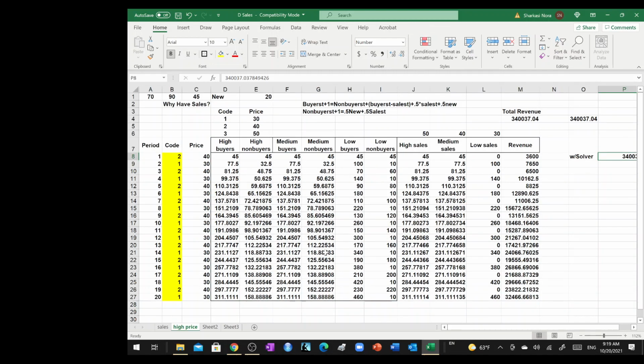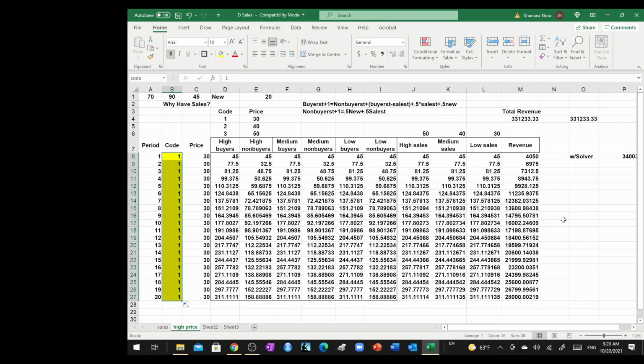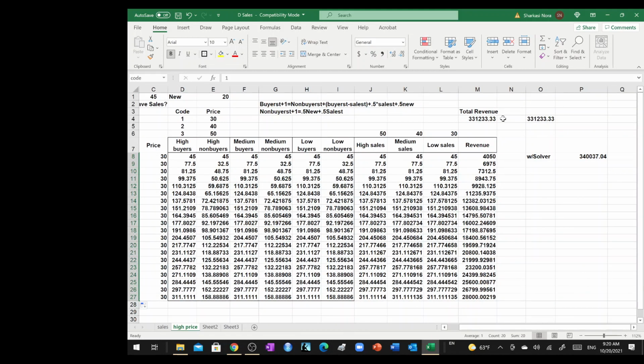All right, so what if some of you said, I want all the discounts to be 1? Let's see what happens. As you can see here, you are getting this much.